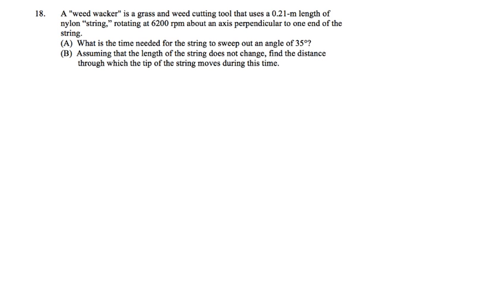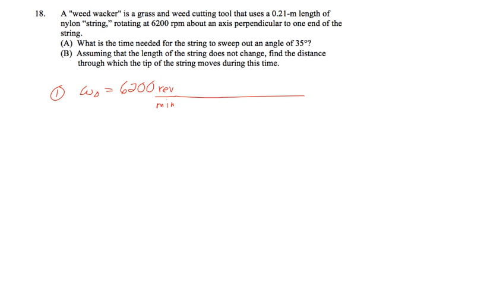So for part A, it's just a rotational kinematics problem. If we list our facts, we know that it's rotating at 6,200. Let me look at the units here. Notice this is in revs per minute and this is in degrees, so I'm going to get them both into radians and radians per second.